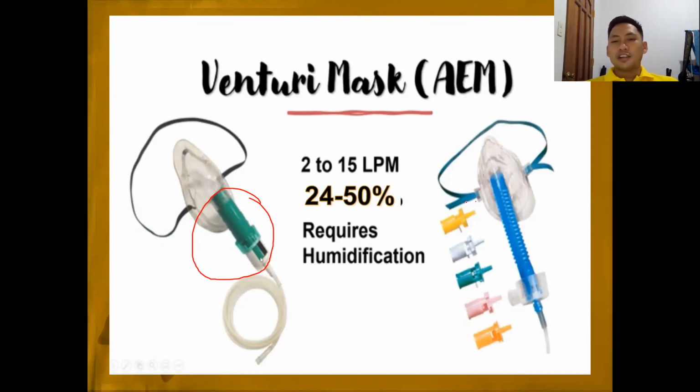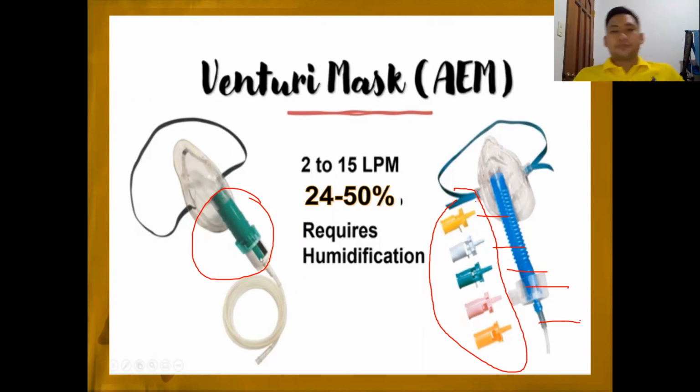But on the other hand, meron rin tayong mga entrainment na with different colors. And these different colors have specific flow requirements. For example, kunwari itong orange, 4 liters per minute, white, 5 liters, 6 liters, 7 liters, depending on the label of the Venturi device.